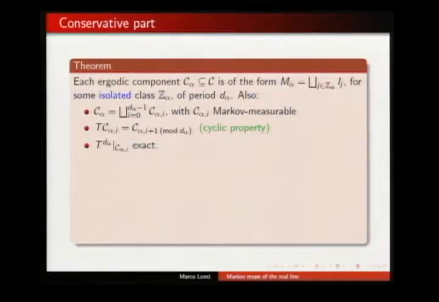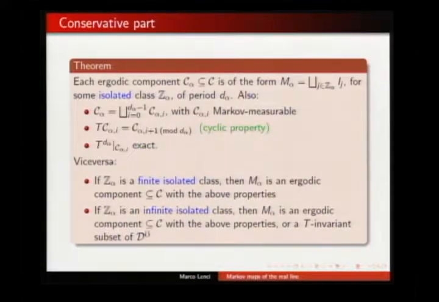And the d-th power of the map on each part is exact. What those structure theorems in general don't tell you, which is true in this case, is that they have a lot to do, of course, with the essential classes that we were talking about, and especially with isolated classes.